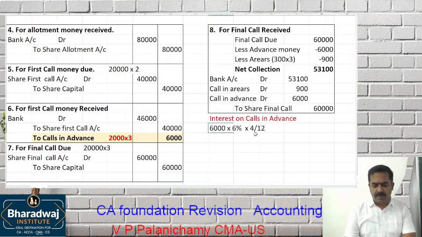So into 4 by 12, 120. What is the entry you will pass? You pass it, we are paying the money. Interest on calls in advance account debit 120 to bank.